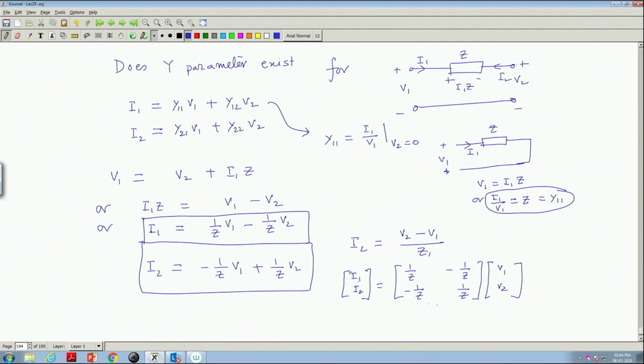So, this must be the Y circuit parameters. So, the Y matrix exists.